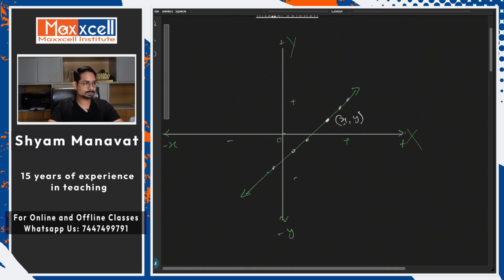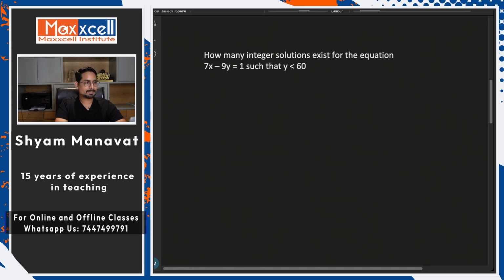Okay, now let's see how we solve this. Let's understand with an example. Here we have one example: how many integer solutions exist for the equation so and so? I hope the question is clear to you. You need to find the combination of coordinate x and y, where x and y both are integers, and then you have a condition such that y is less than 60.